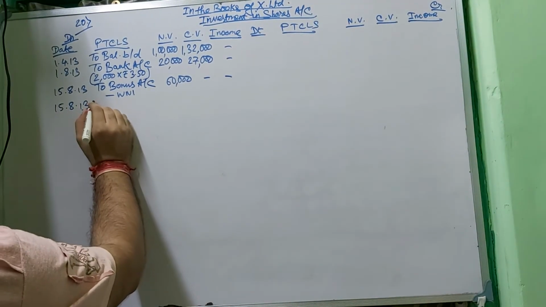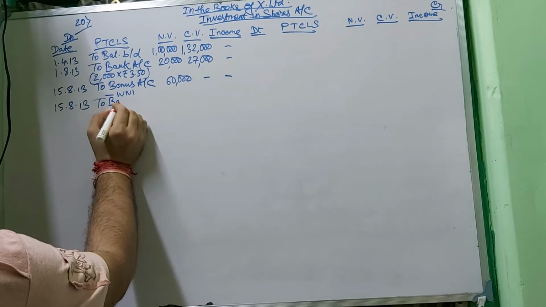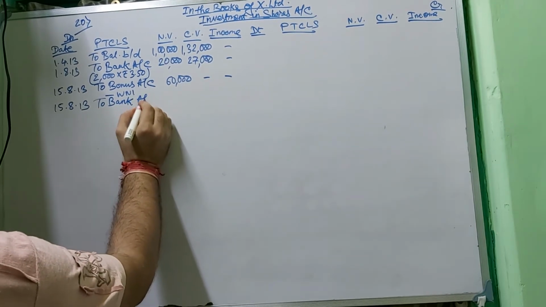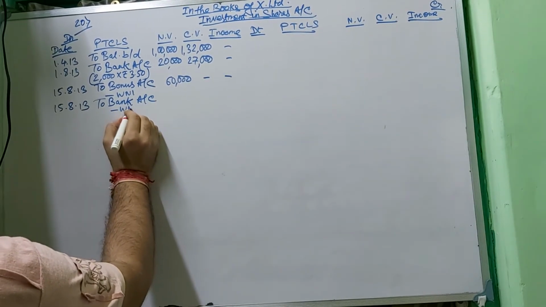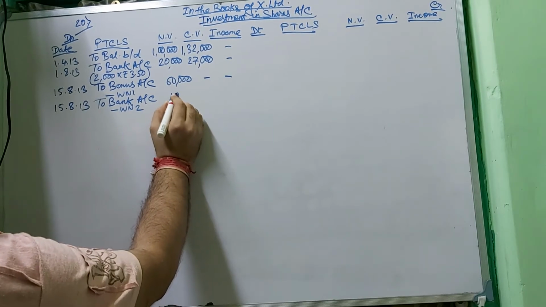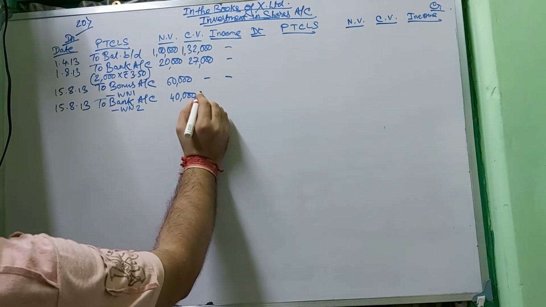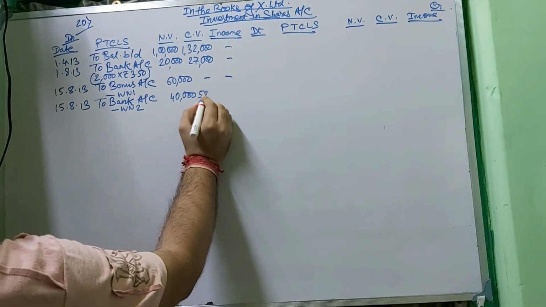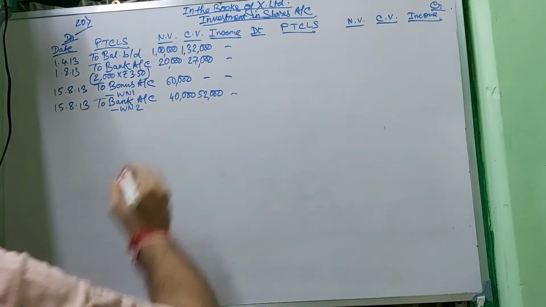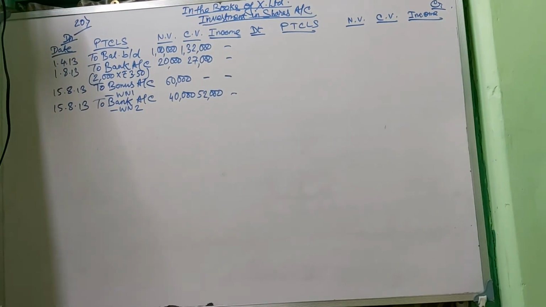So within bracket working note 2, 40,000 means 4,000 of rupees 10 each and 4,000 of rupees 13 each. That is capital value 52,000. Right? Okay. As you have calculated in working note 3, the dividend part also.